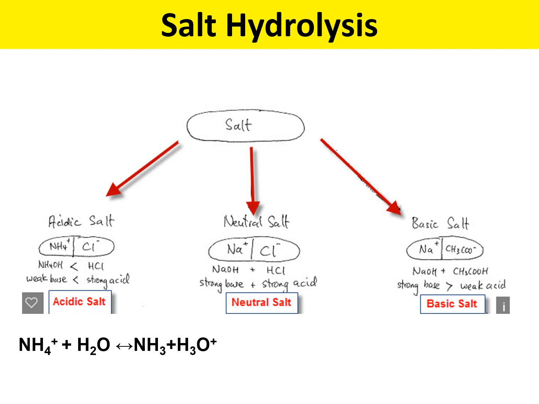If we look at the solution of a salt of a strong acid and a strong base, for example sodium chloride, this does not happen, so the salt is neutral. However, if we look at the salt of a weak acid and a strong base, the negative ion reacts with the water, and the water donates a proton to the negative ion, leaving hydroxide ions in solution, and this gives us an alkaline solution.